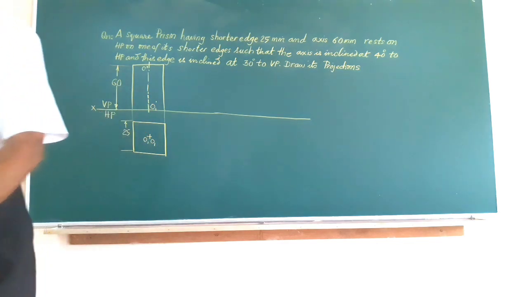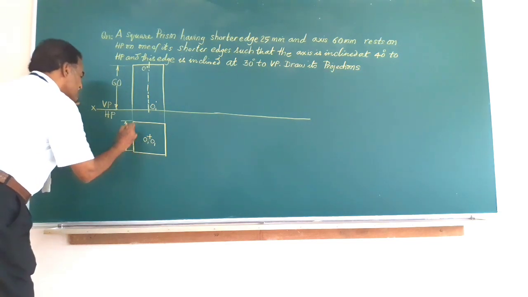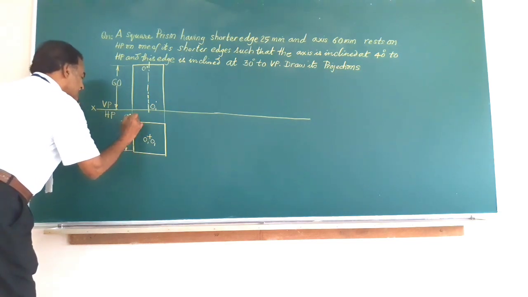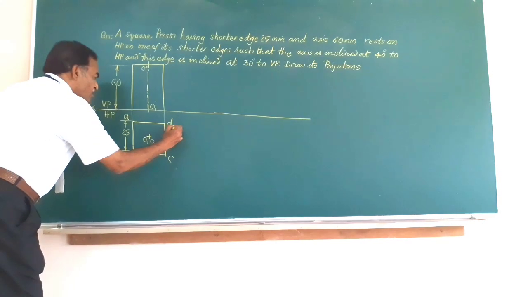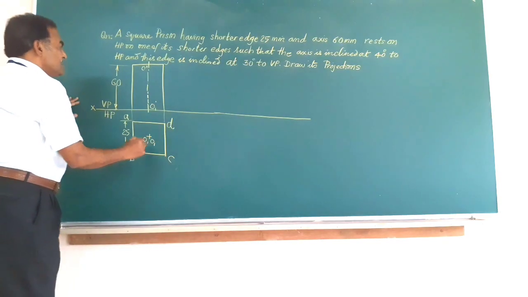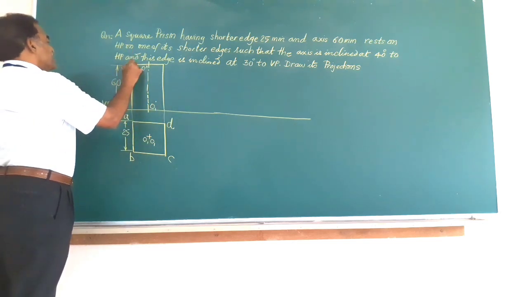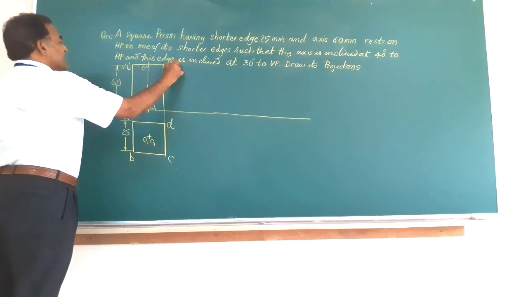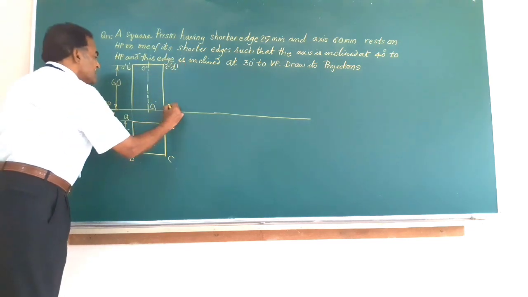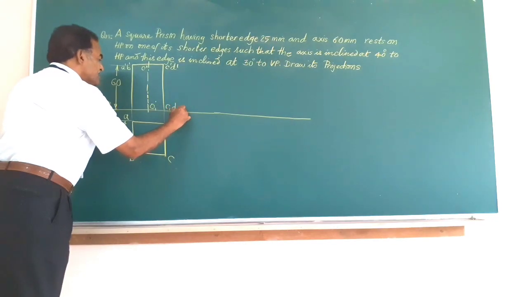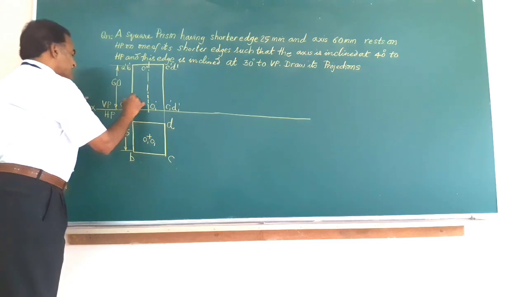Let me mark all these corners as shown here. So I will start from A, B, C, D, the four corners of the bottom face. Then corresponding, you come to the top and mark A dash, B dash, C dash, D dash. For the corresponding bottom edges, this is C1 dash, D1 dash, this is A1 dash and B1 dash.